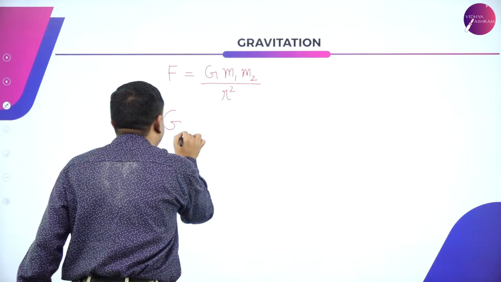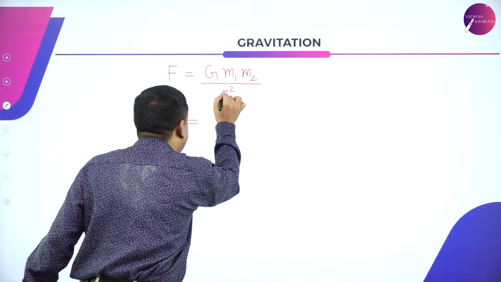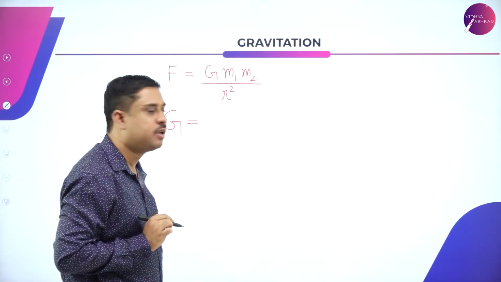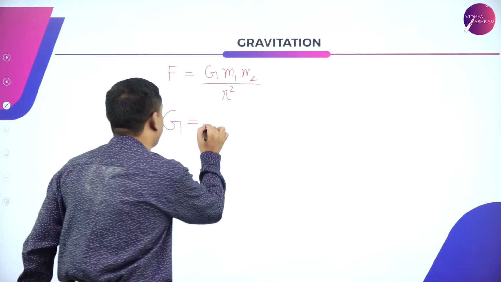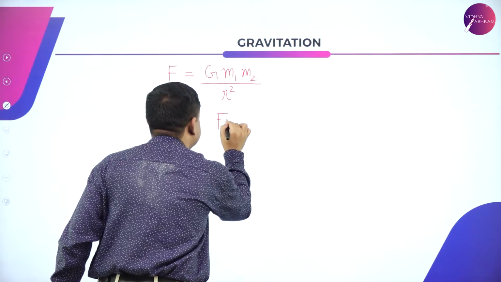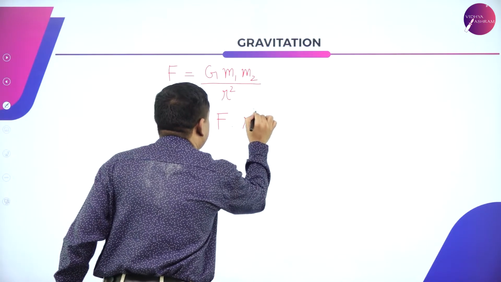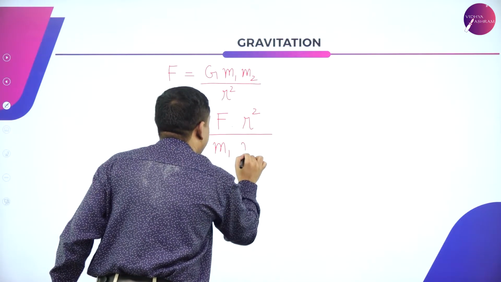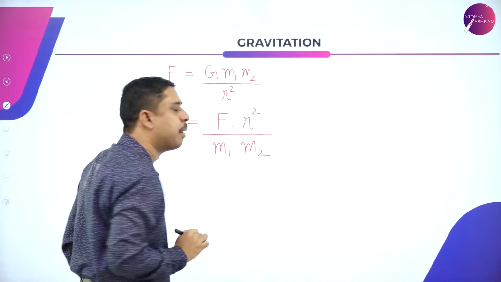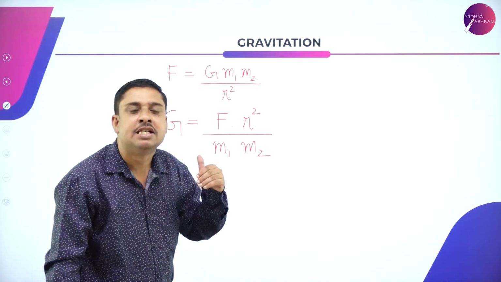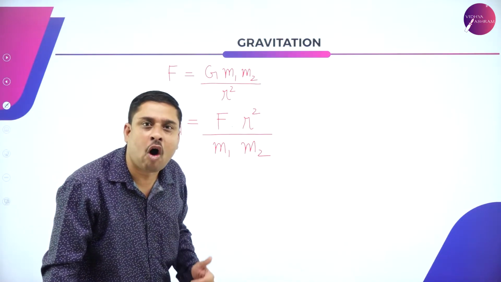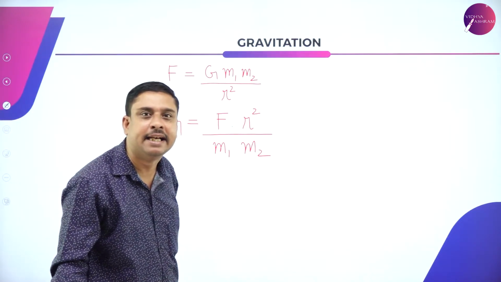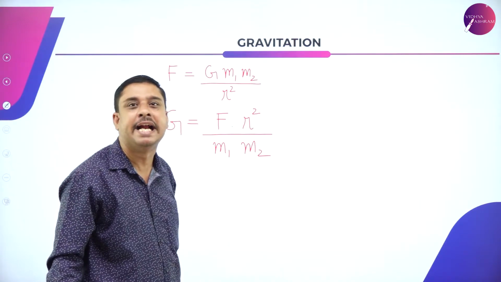Since G has to be calculated, manipulate this equation, modify this equation. So G is F into r square divided by m1 m2. You are not supposed to solve a problem without writing the suitable data.